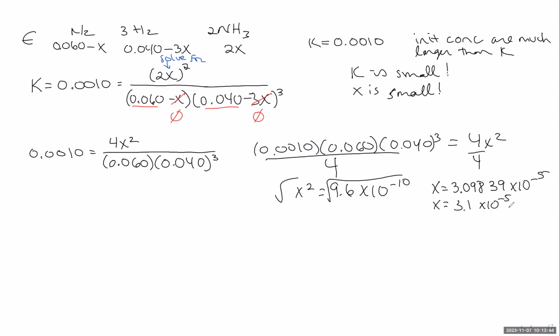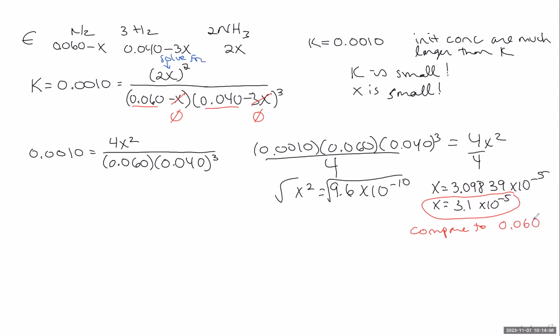Now, we do have to do a little bit of analysis to make sure that we're not doing something inappropriate with our assumption. And so I'm going to go ahead and just put a square around it. So you can see 3.1 times 10 to the negative 5. And let's compare that to 0.060.